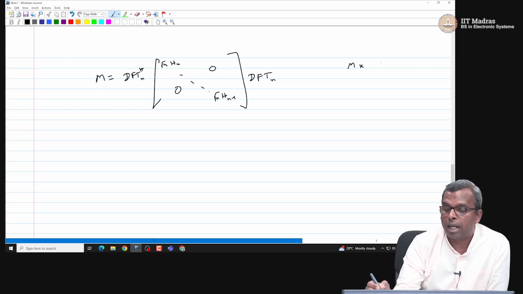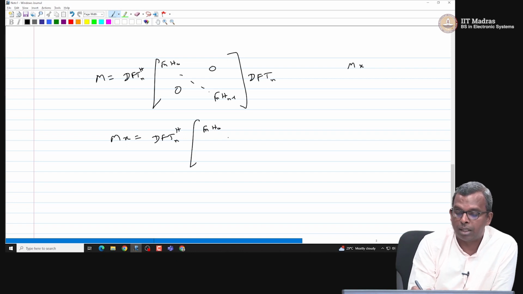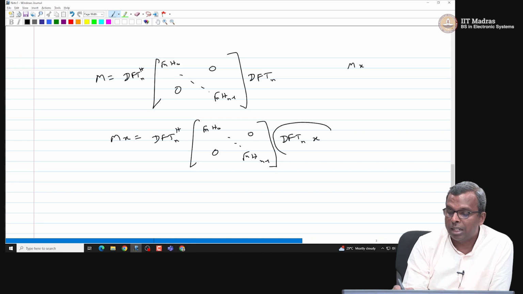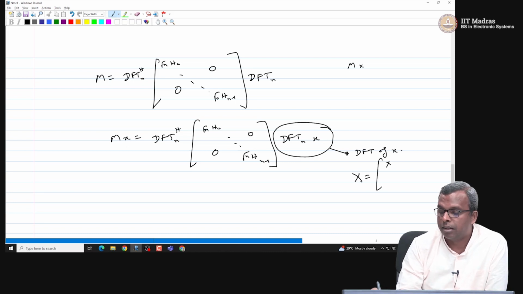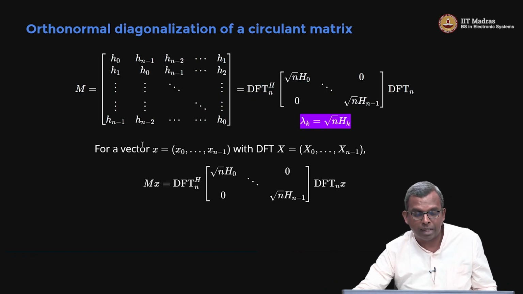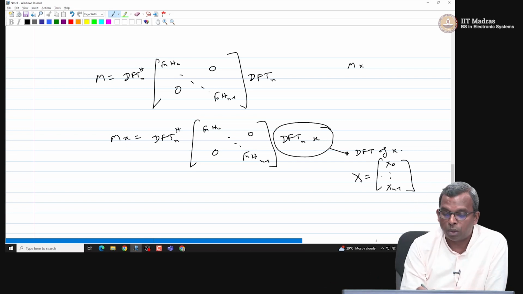So when I do Mx, all of these will remain the same, and I will do DFT n times x. Now this DFT n times x is actually the DFT of x, which has been written as capital X, X0 to X n minus 1. When I say vector x has DFT capital X equals X0 to X n minus 1, it means DFT n into x is this vector. So instead of this vector, I can put this vector here.